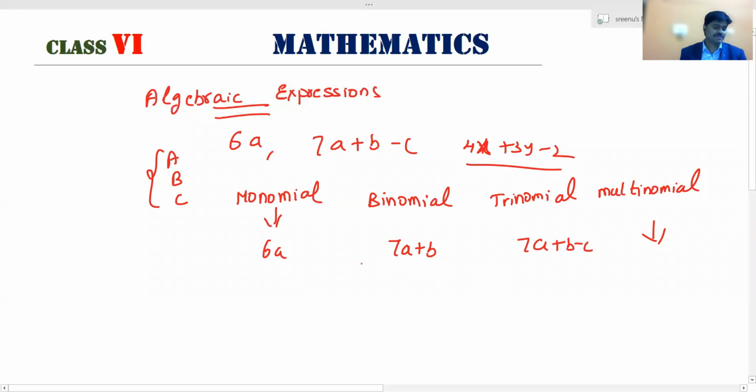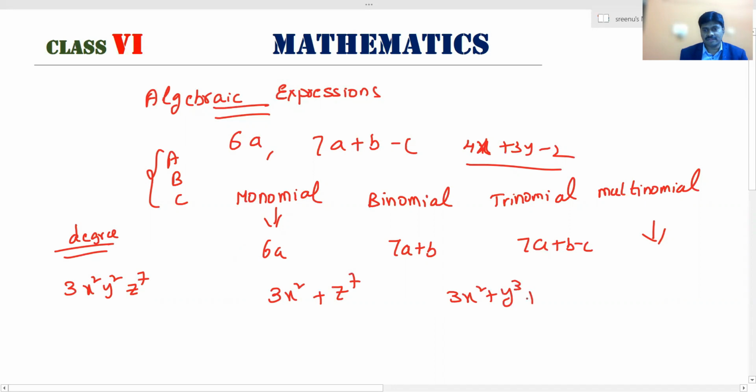And degree. So the degree of the monomial and the binomial will be different. Suppose 3x square y power 2 z power 7. This is the monomial. 3x square z power 7. This is the binomial. 3x square y power 3 z power 7. This is the trinomial.